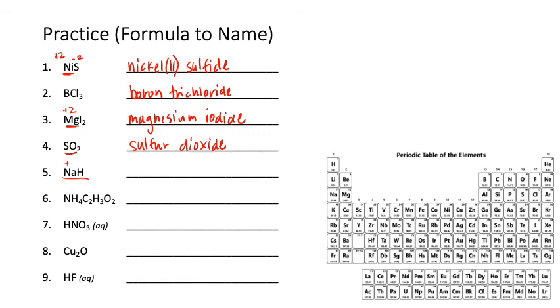Number 5, sodium, that's a cation. All right, that's going to be a +1 charge. Now, I also know what you're thinking. In this case, it's like, well, hold on. Hydrogen's also a +1 cation because it's in group 1. That's not going to be the case when we talk about metal hydrides. And metal hydrides, that's anything where a metal is combined with hydrogen.